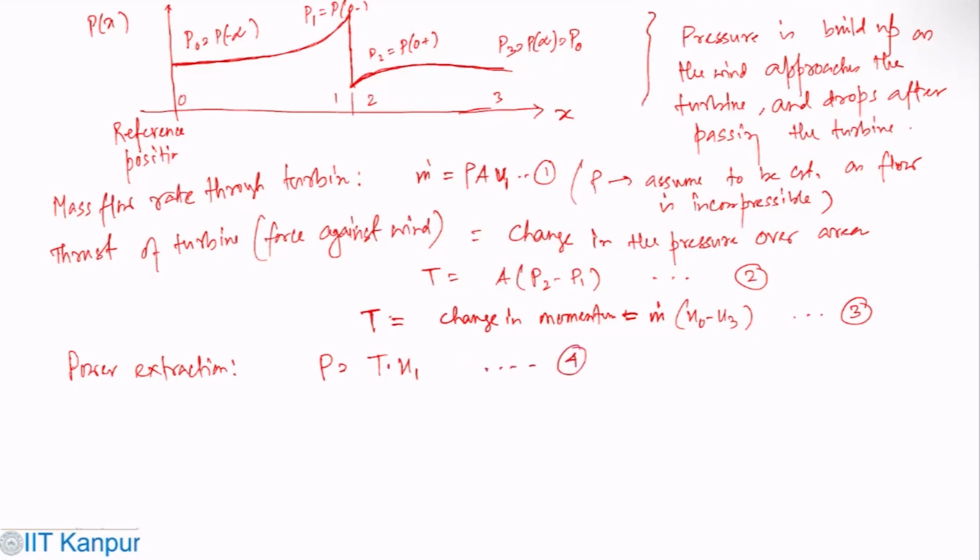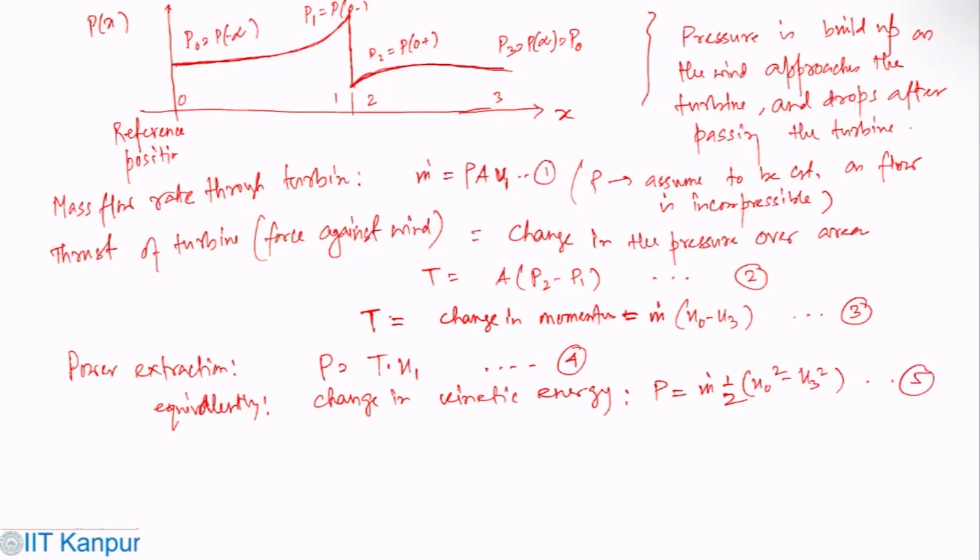We can say this is equivalently the change in kinetic energy. So then we write power as m dot times half of u0 square minus u3 square. That is equation number 5.